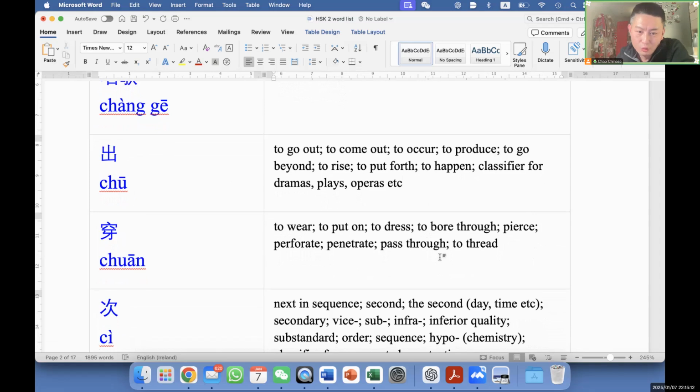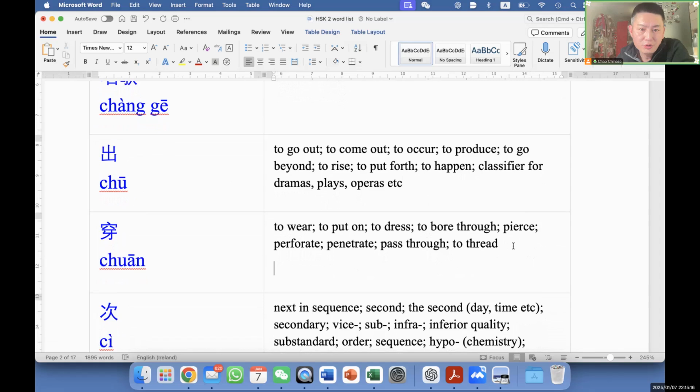穿 is to wear, but not just to wear. It also means to put on. Now, these two words for English-speaking persons, like, oh, they're not the same, but, you know, they are. You put on clothes, the action of putting on clothes, the end of action, the result of putting on clothes is to wear it. So there is some sort of connection.